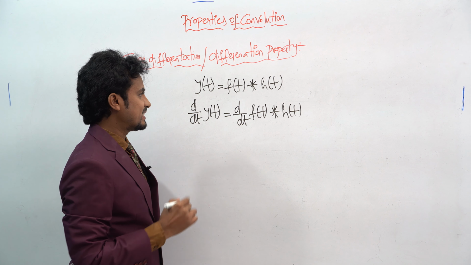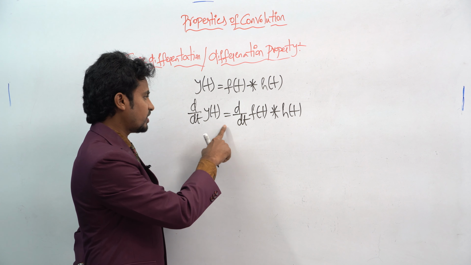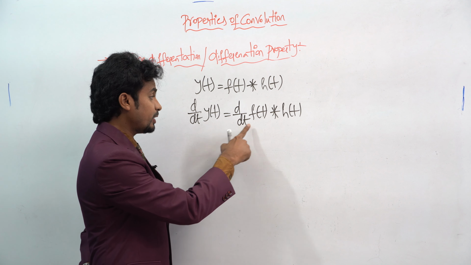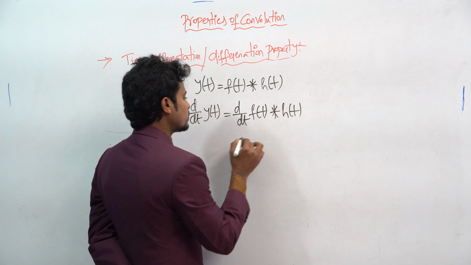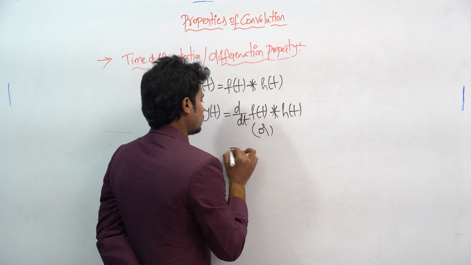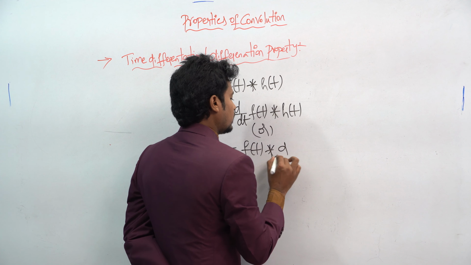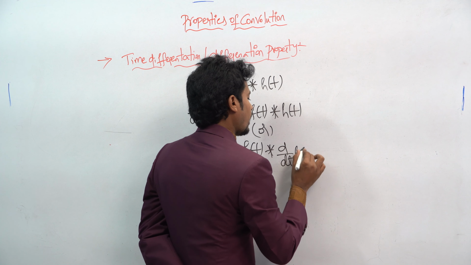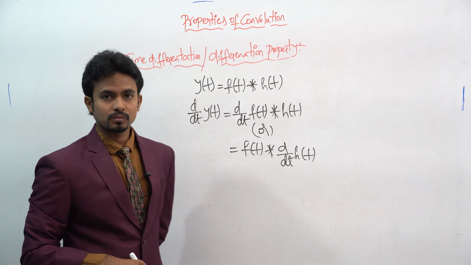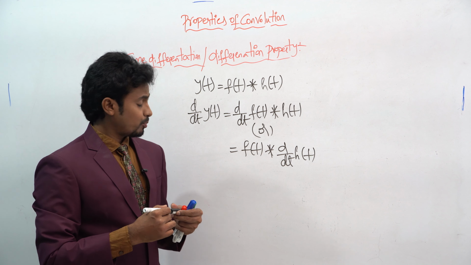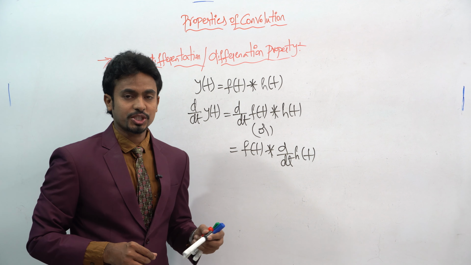In some cases we use d by dt of f of t convolved with h of t, and in some cases we use f of t convolved with d by dt of h of t. Both are true. This was the time differentiation property.